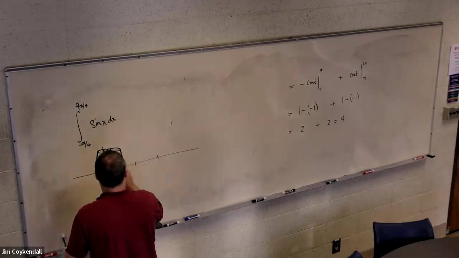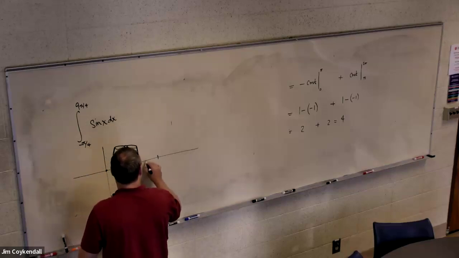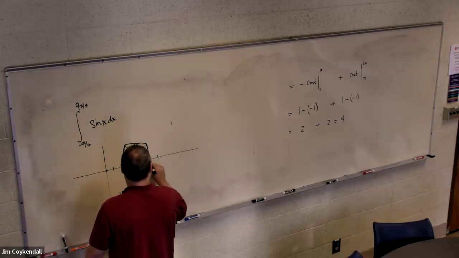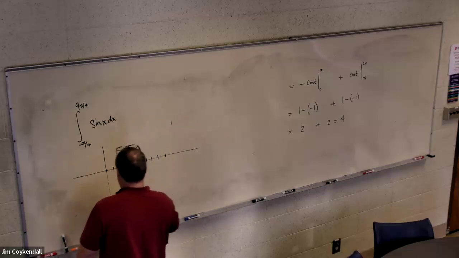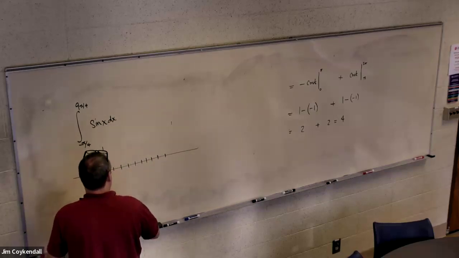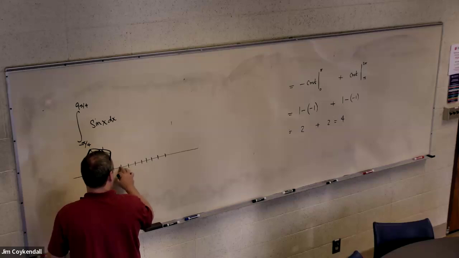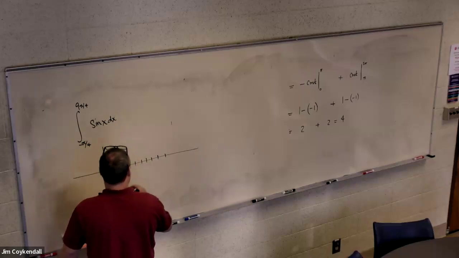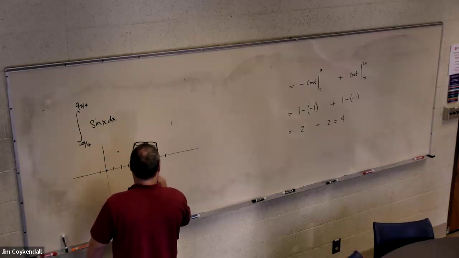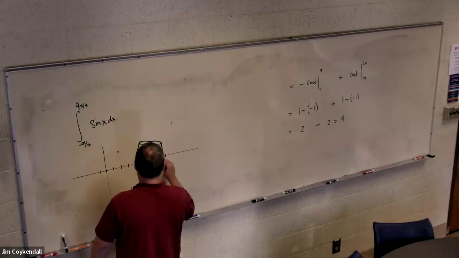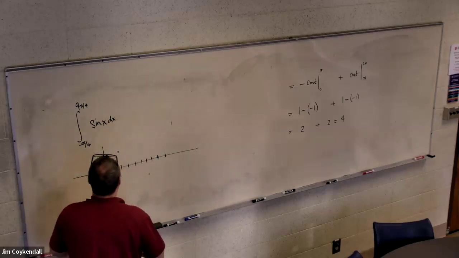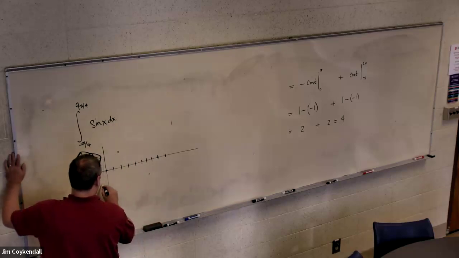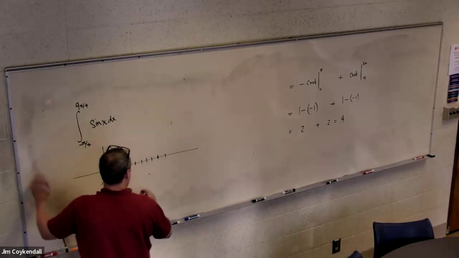It's hard to talk about before. Every one of these is like pi over 4. So sine of pi over 2 is as big as possible. This is pi. This is minus pi over 2. And I asked you for this. So I've got this little trailer here.